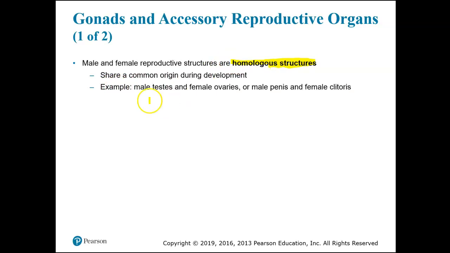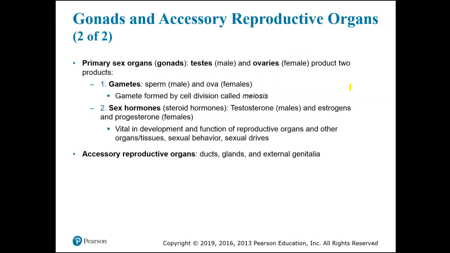This just means that they share a common origin. The primary sex organs, which we call gonads, are the testes in the male and the ovaries in the female. And the gonads produce gametes and sex hormones.